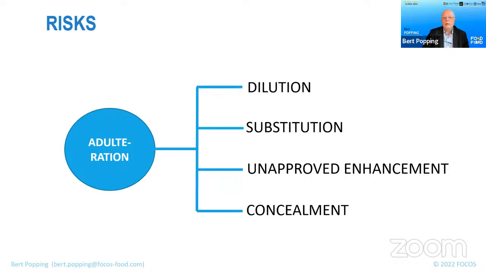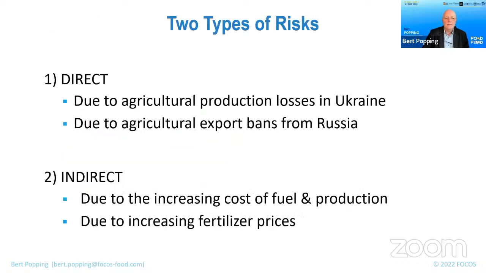Concealment is basically when you blend a high quality olive oil with cheap lampante oil. So there are different types, and all of them can be detected, and we're seeing how they can be detected later on.